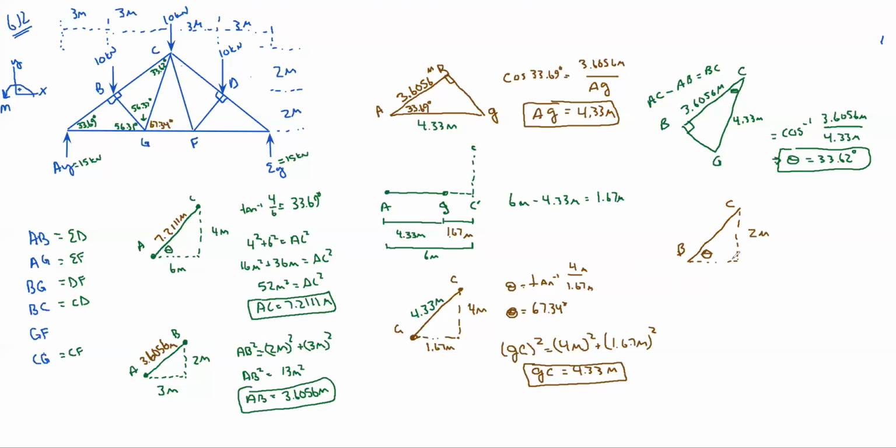We know that this is 2 meters. We know this is 3 meters. That's given in the problem. So the theta in this particular example is arctan 2/3, which is equal to 33.69 degrees. Okay, so that's my pre-work. I'm going to pause the video, and I'm going to save this as part 1 of the video, and then we'll start with part 2 in a second.